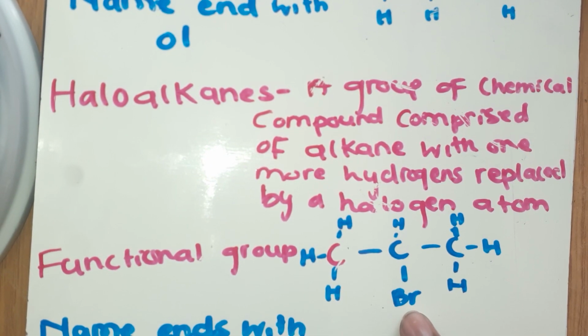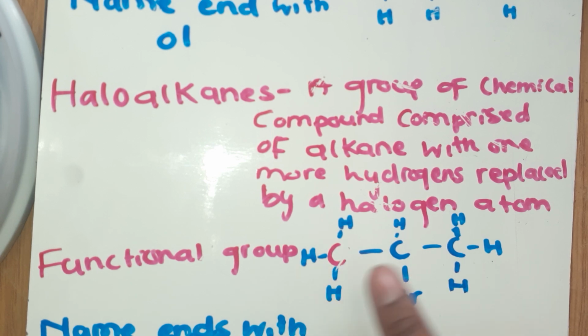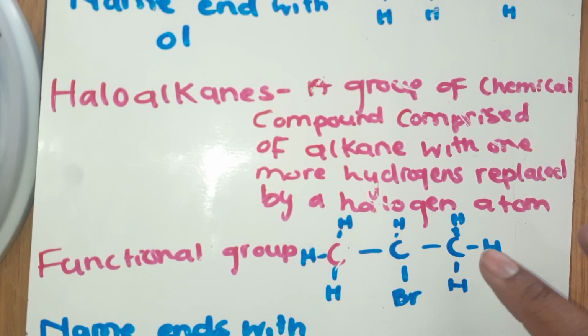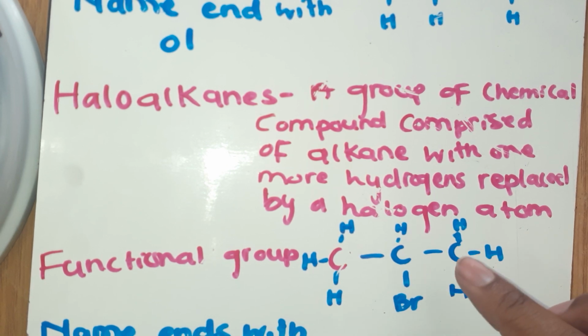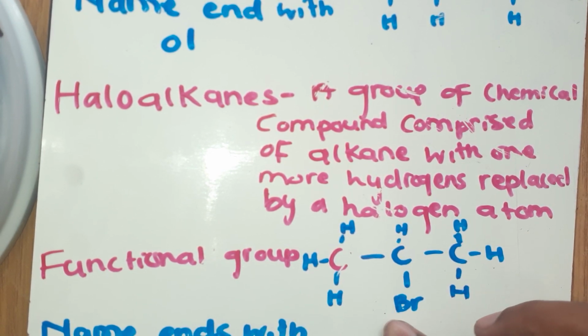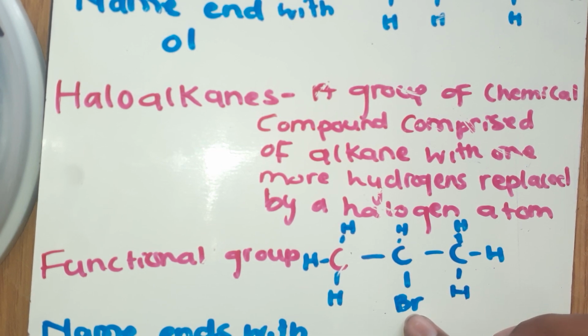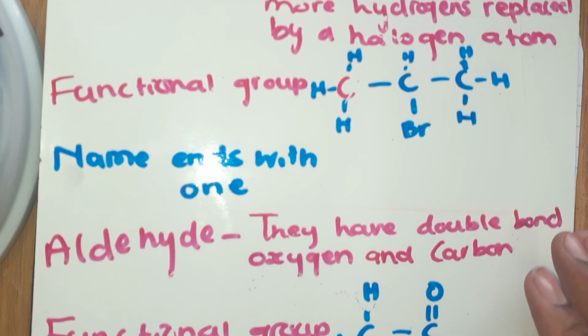So we have C and H, which is an alkane structure, but they just throw in this halogen atom, which is Br, bromine. But they can also do F, Cl, I, and At. So you can have any of those.